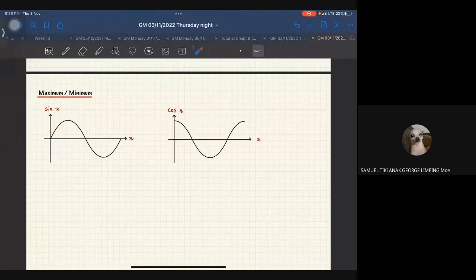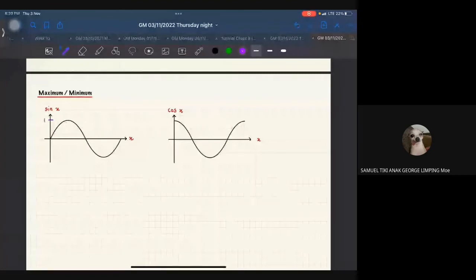1. Okay, exactly. Okay, so 1 adalah nilai yang paling tinggi dan nilai yang paling rendah adalah negatif 1. So saya label dekat sini, the highest value is 1 and the lowest value over here is negative 1. Okay, so sama juga dengan cos, the highest value is 1, the lowest value is negative 1.